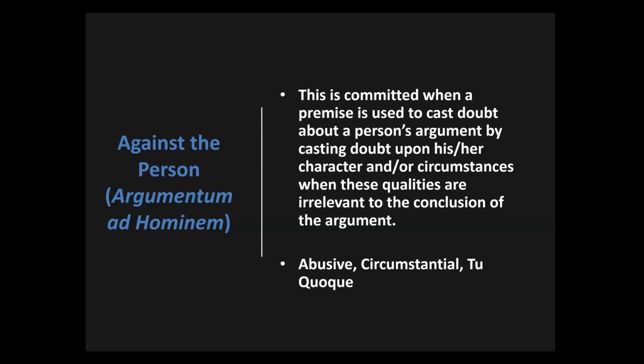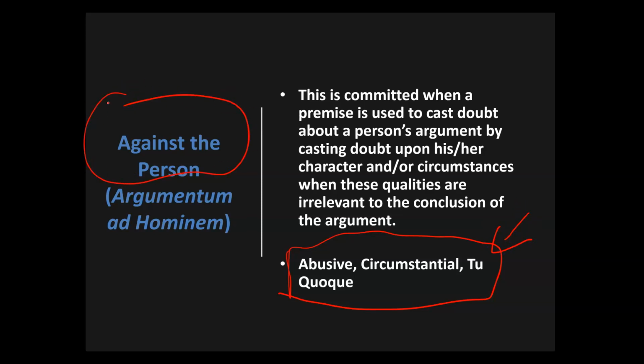They're psychologically relevant, they're certainly persuasive, but logically they're irrelevant to the conclusion of the argument. Now, this fallacy comes in a few different flavors, known as abusive, circumstantial, and tu quoque, which just means you too, or like you hypocrite. But you don't need to really know these specifically. Just know against the person when you spot one.